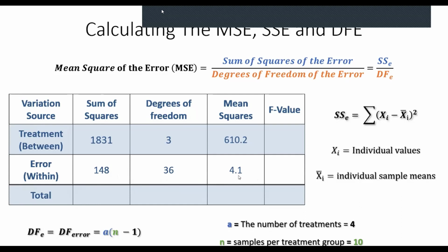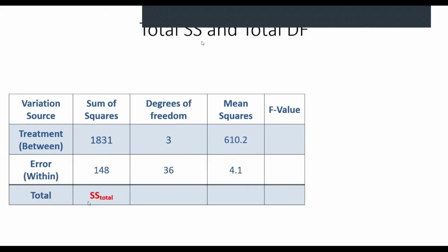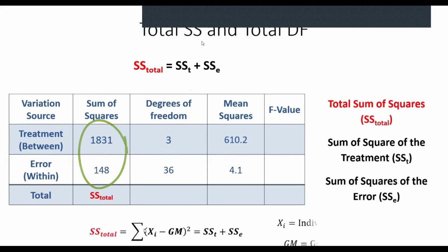Now, before we calculate the F value for this particular situation, we have to talk about 2 other data points. The first is called the total sum of squares. There are different ways to calculate this, but the total sum of squares is equal to the sum of squares of the treatment plus the sum of squares of the error. You can also calculate this using your raw data.